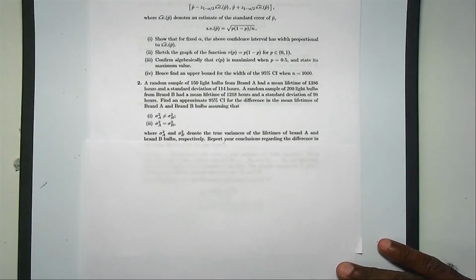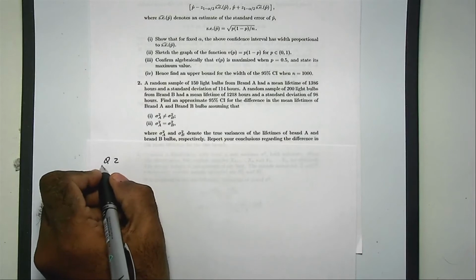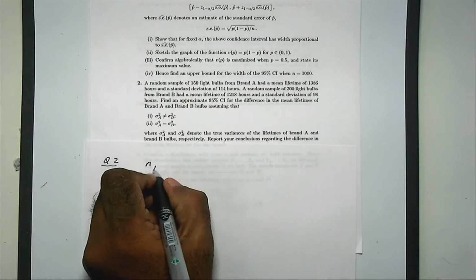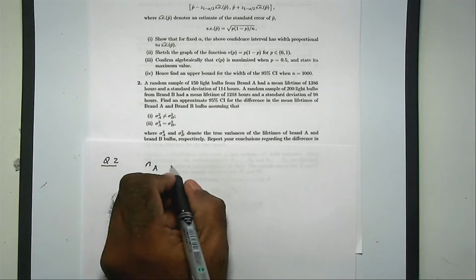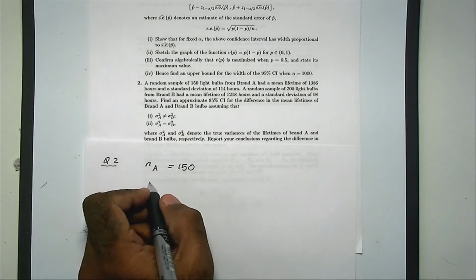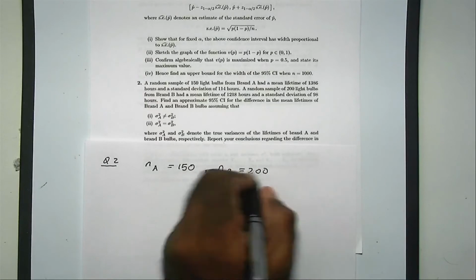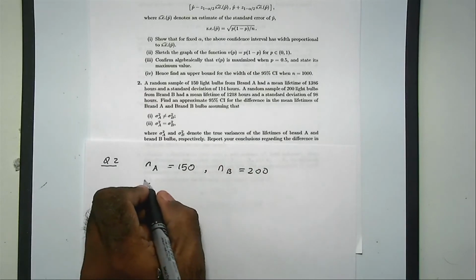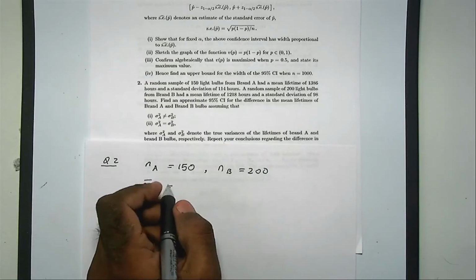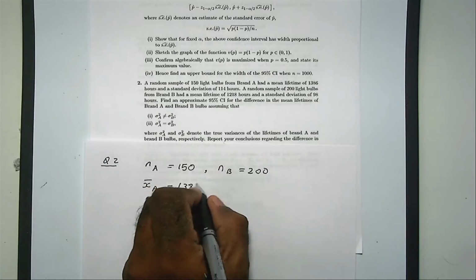Before we start, let's write down what we are given, right? So let NA denote the first sample size, which is 150, right? And NB denotes the second sample size, which is 200. And let this denote the sample mean for the first sample, which is 1386.